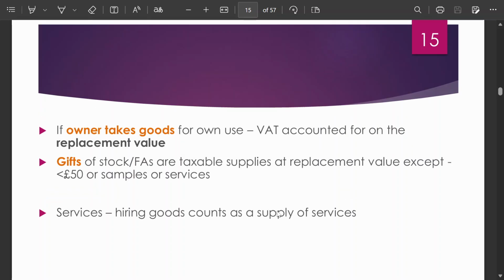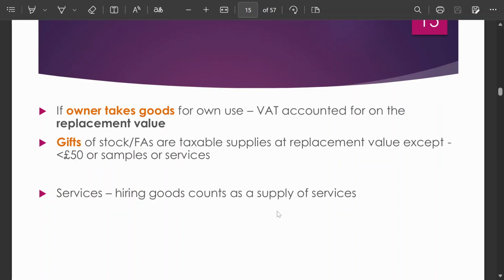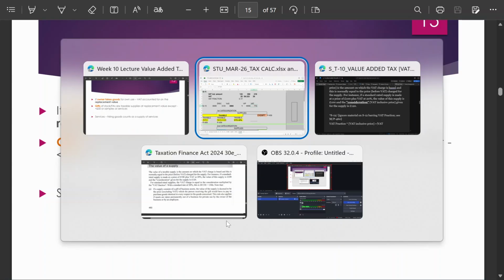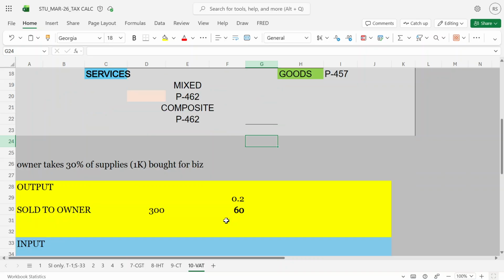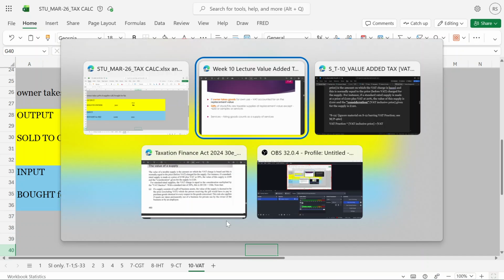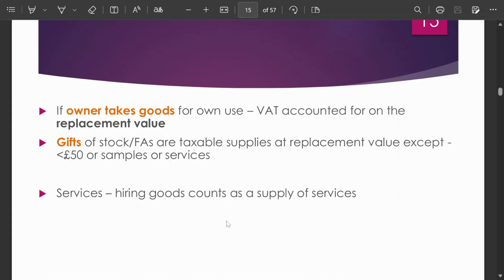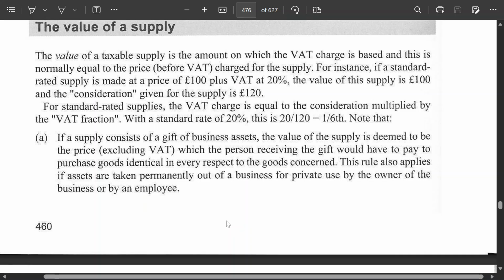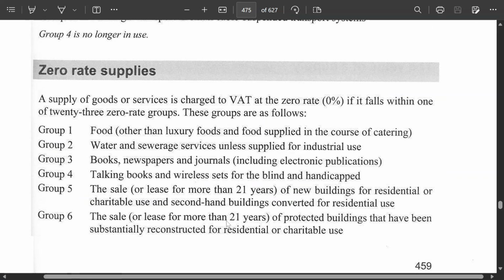Own use, goods for own use, you have to account for on the replacement value, that's fine. But this is where you have to do it like this, okay? Like here, what I've shown you. This is going back to what was there in the self-supply, right? If you remember earlier, we were talking about self-supply.